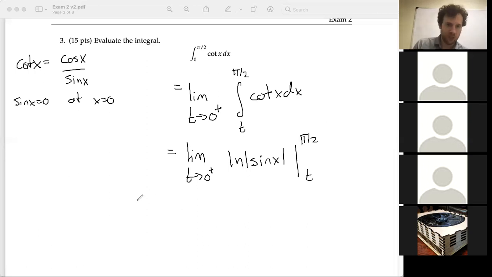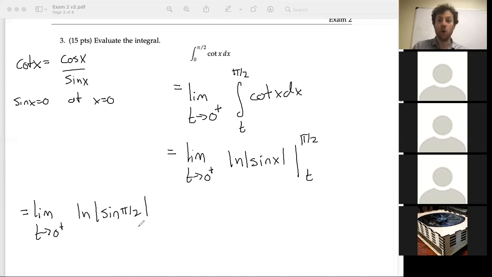So the next step is just stick this in. I'll give myself some more room. And now, after we evaluate these, this is what we'll actually find the limit of. So the natural log of sine of pi over 2, sine of pi over 2 is 1, the natural log of 1 is 0, so this part's going to be 0, but we'll deal with that in case the actual limit part converges.